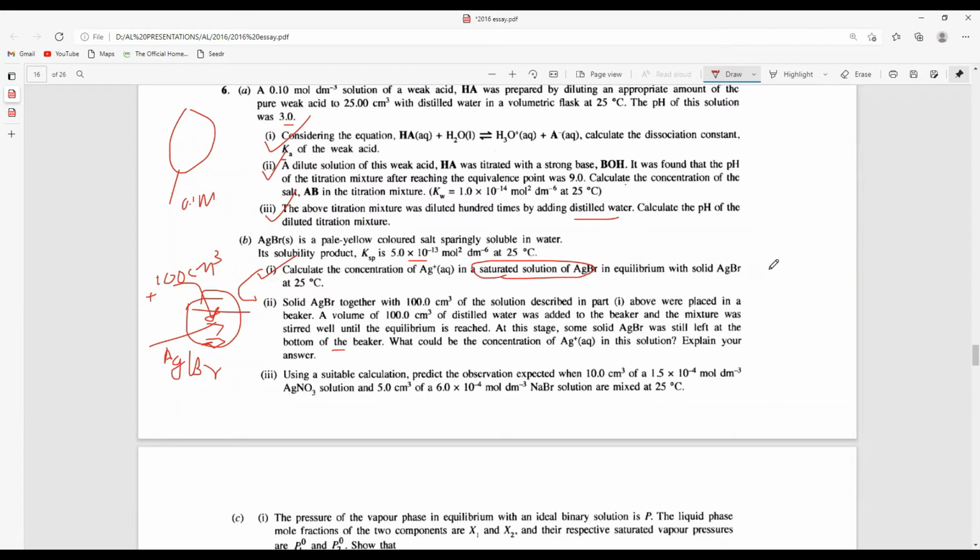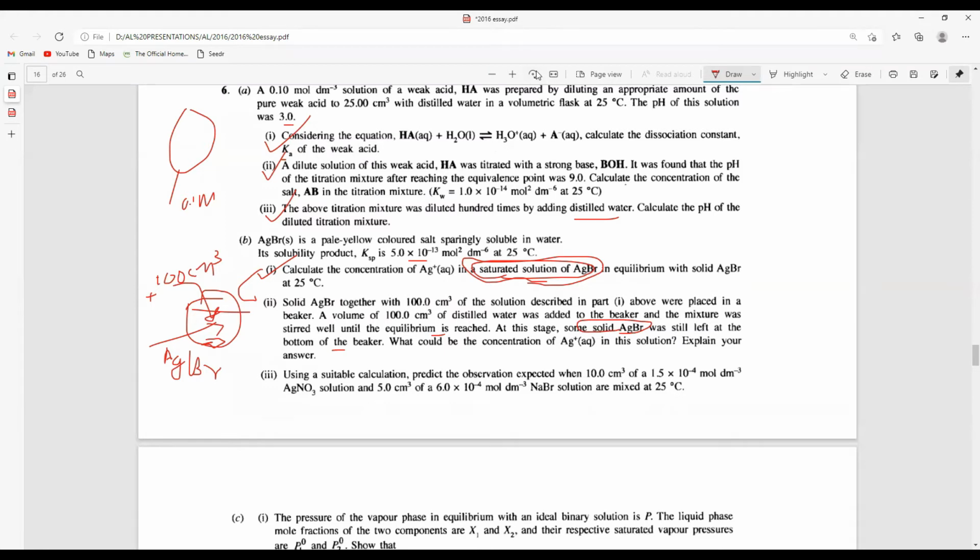Initially, in the first question, you calculate the solubility of AgBr for the saturated solution. So this is a normal saturated solution. But in the second part, you add some solid AgBr and you add distilled water and you shake it and you allow it to reach equilibrium. And if you see at this stage, some solid AgBr is left at the bottom.